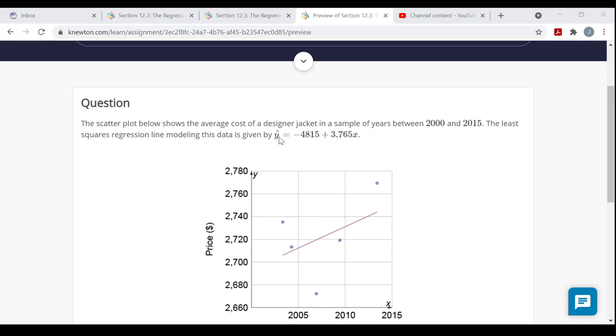The line equals negative 4,815 plus 3.765x. Remember the number attached to the x is the slope. So the slope is 3.765. The number not attached to any variables, the constant, is the y-intercept.